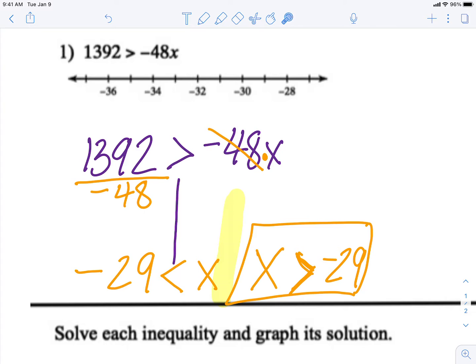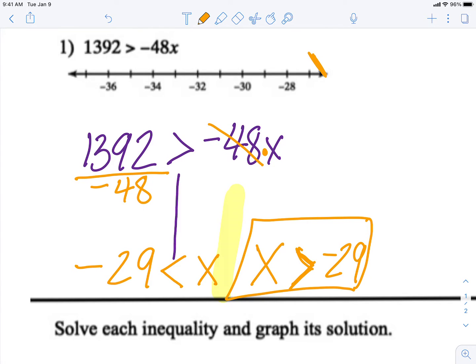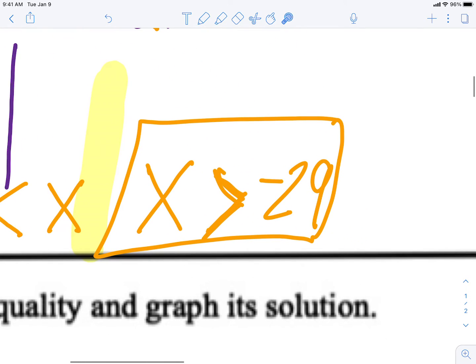So which hand do I use to make these arrows, these scissors? I use my right hand, so I'm going to shade to the right. Where do I put my circle, though? It's going to be an open circle because it doesn't have an equal sign.